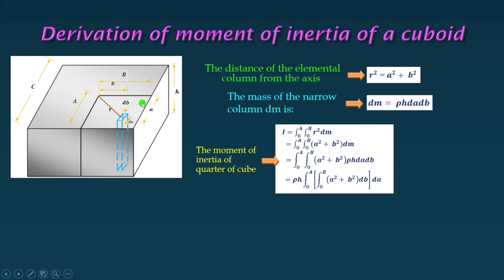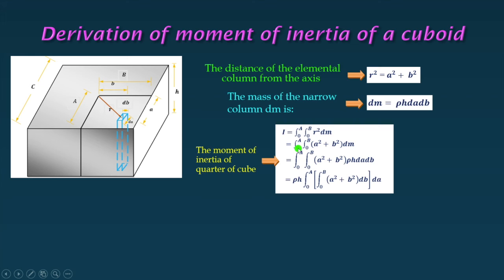If the section is here, a is 0, and when the section is here, small a equals capital A. Capital A is this dimension. So a goes from 0 to A. Again for b, if this elementary section is here, the small b value is 0, and when the section is here, the small b value is capital B. So small b varies from 0 to capital B.